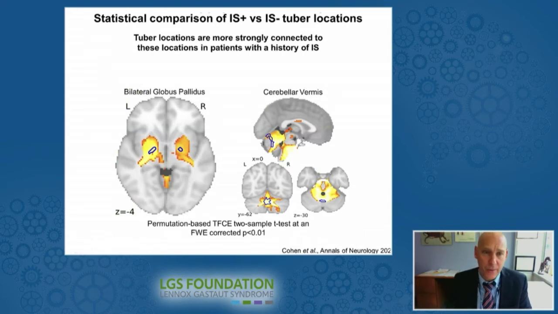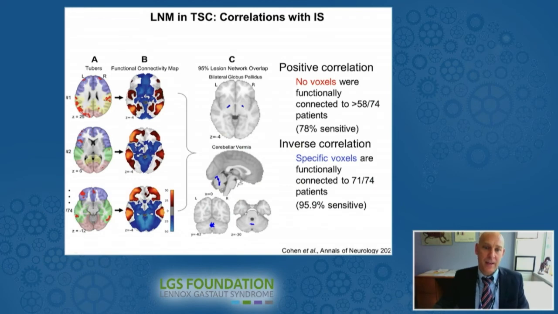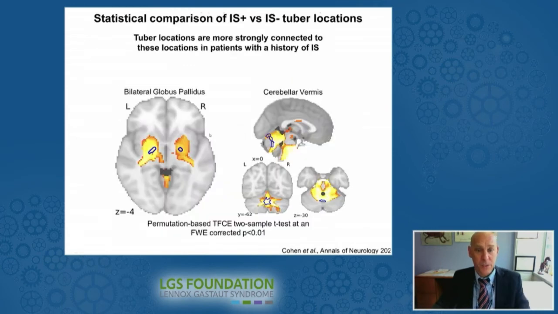And when we asked the question the other way around, it gets a bit more technical. But basically we said, okay, in the patients with infantile spasms, are there any locations on a functional connectivity level that are more connected to certain locations as compared to those who do not have spasms? So whereas this method looks into sensitivity, right? 71 out of 74 were connected and were picked up. This one method looks at specificity.